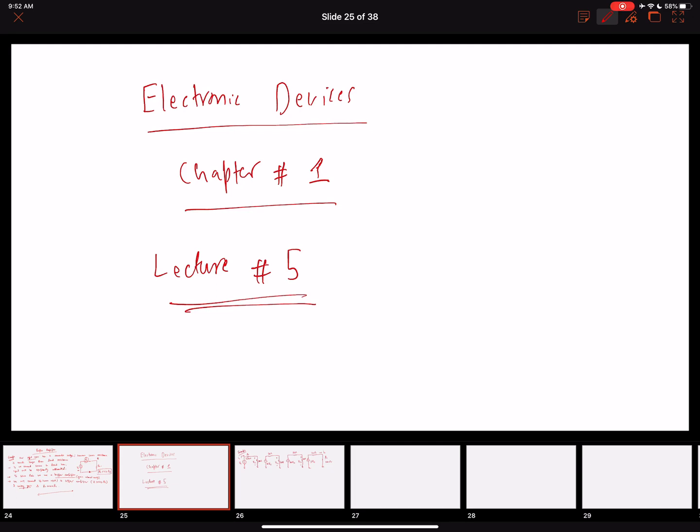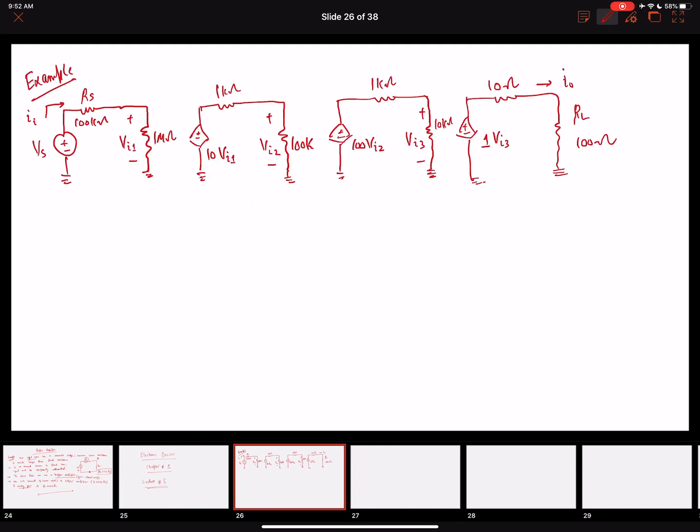with an example. I already drew this circuit, so that would save time for the lecture. Now, if you look at this example, this is an example of a cascaded amplifier in which multiple amplifiers are connected to each other. And if you look closely, this is one amplifier.